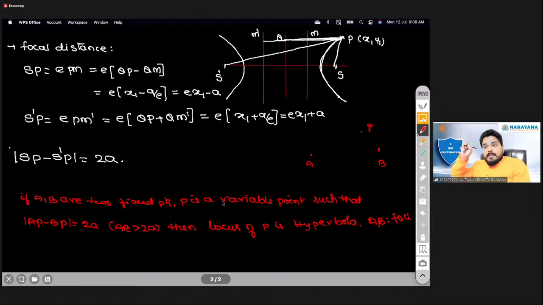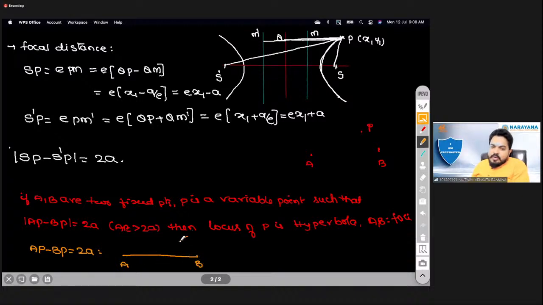So for the ellipse, AP plus BP is a constant and AB is less than 2a. Here AP minus BP is equal to 2a. If I take AP minus BP equal to 2a, here A will be there, here B will be there.